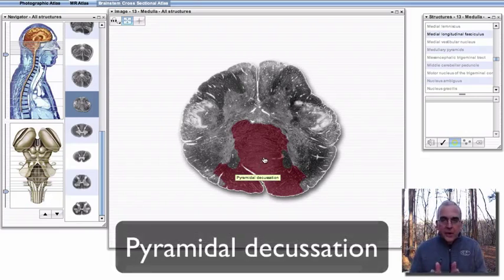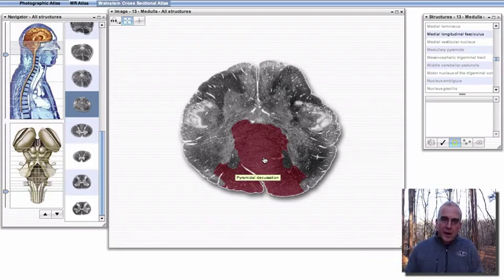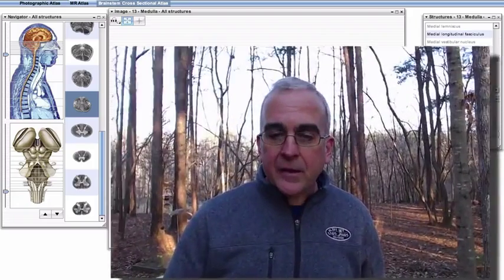This is where the corticospinal tract crosses the midline. Actually, as we'll see in a few weeks, about 90 to 95% of the axons cross. Some remain on the same side, but the vast majority of them cross, and here's where they do so, in the caudal medulla. Well, that completes our brief tour of the internal anatomy of the brainstem.